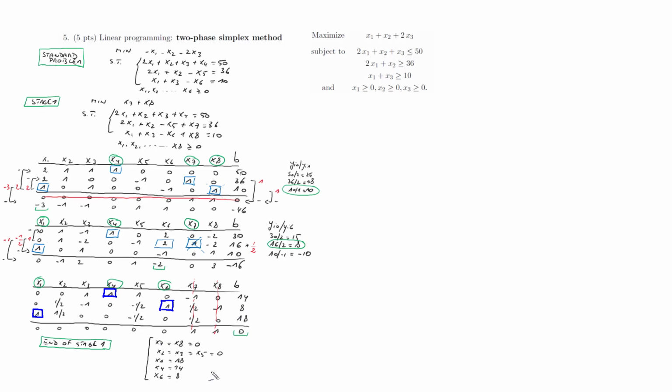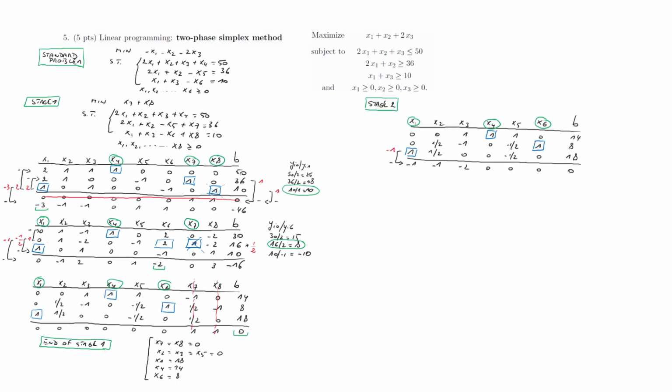So here we have clearly a basic feasible solution that we can use for stage 2. And in stage 2, what we'll do is cross out these columns over here and replace this cost over here by the cost of our standard problem. We are now ready to perform stage 2, and this is the initial tableau of stage 2.